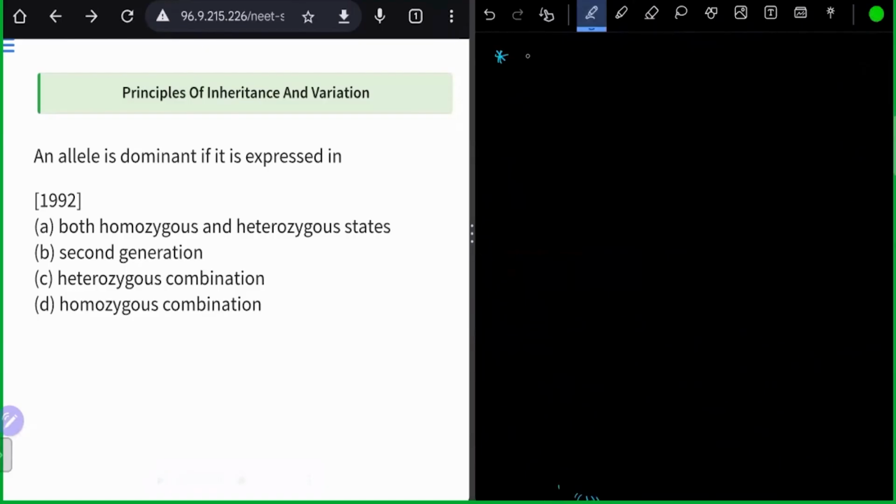So, what is a dominant allele? Let us take the phenotypic character of height again. What are the alleles? Capital T for tallness, small t for dwarf. Capital T is the dominant allele. First write the phenotypes, then we will write the genotypes.